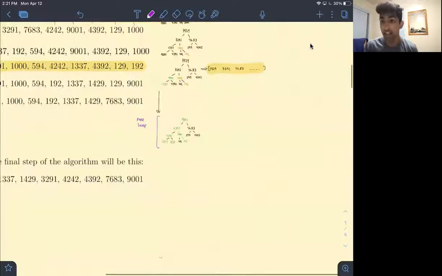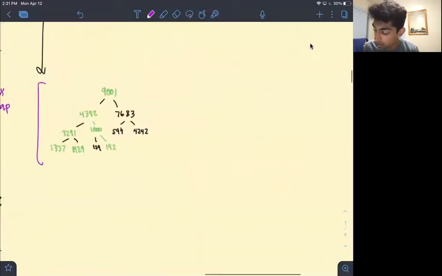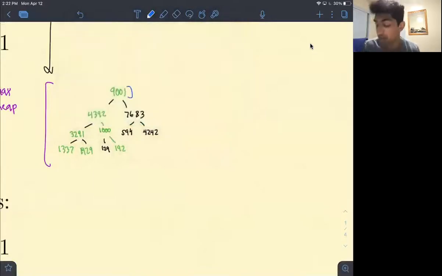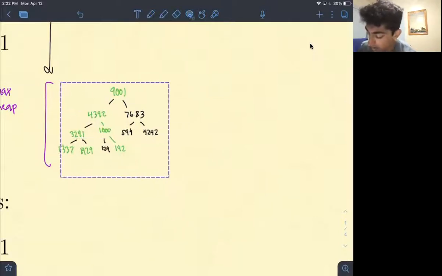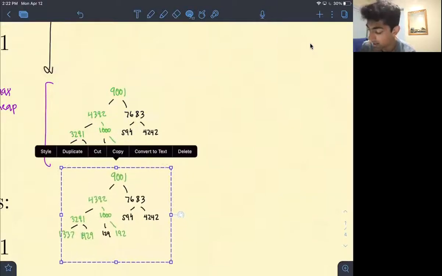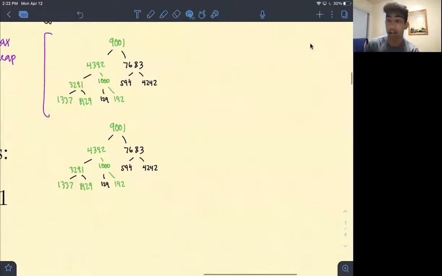How we're going to achieve that is we're going to keep removing the maximum value, putting that maximum value at the end of the array, and repeating this process. So what we'll notice is that in this actual heap sort algorithm, first we make a max heap, then we keep performing this remove max, put max at end.